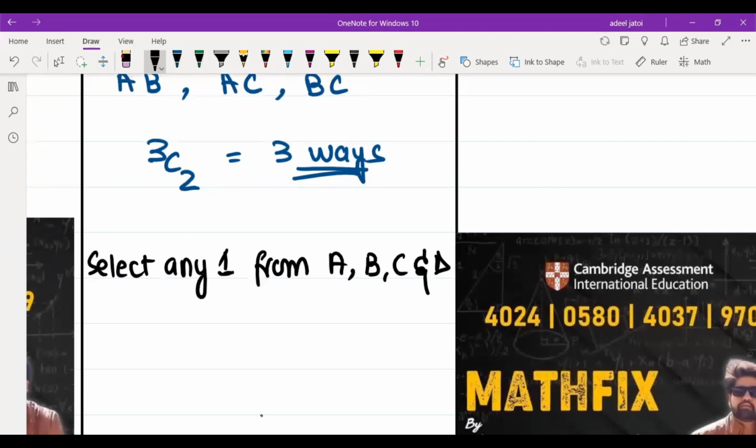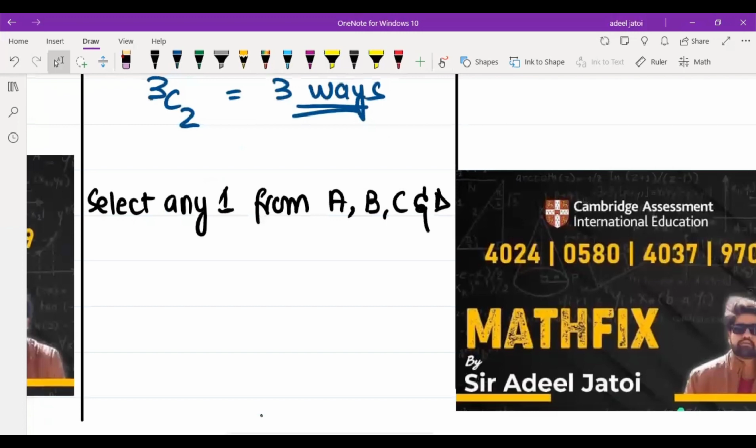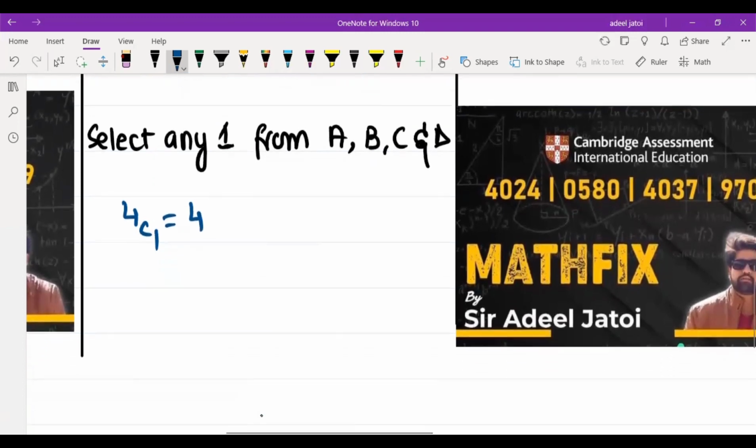So out of four, since I need to select one, I'll be applying 4C1, which means this should be 4. There are four possible ways the letter can be selected: A, B, C, or D. There's nothing about the arrangement up till now.